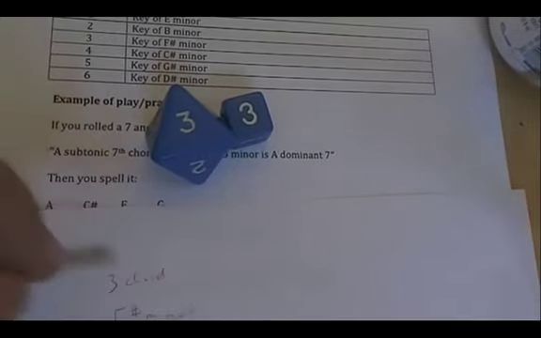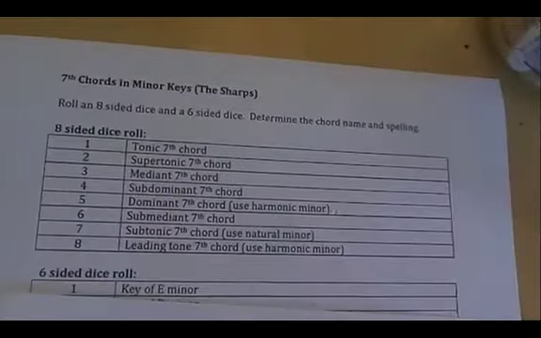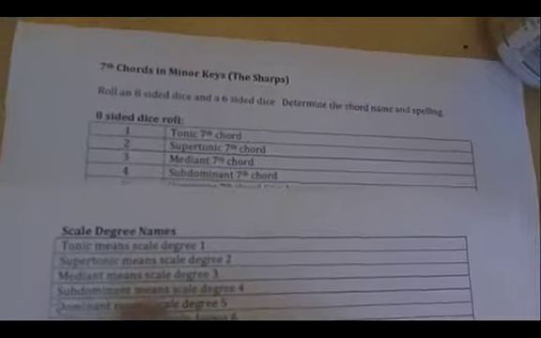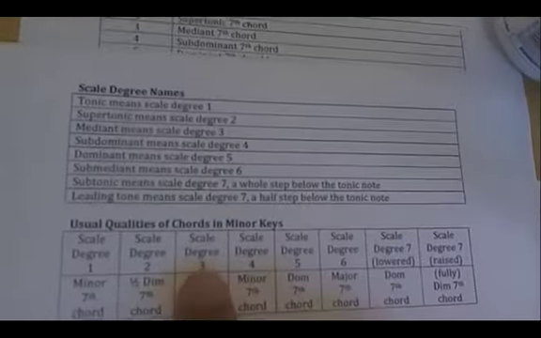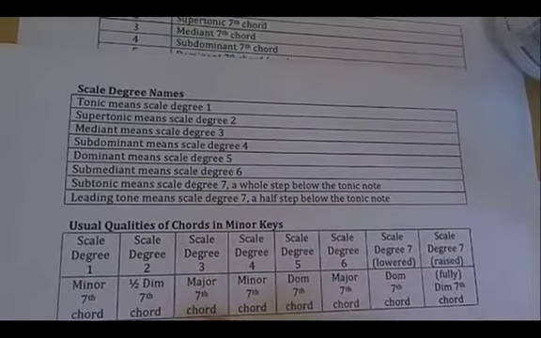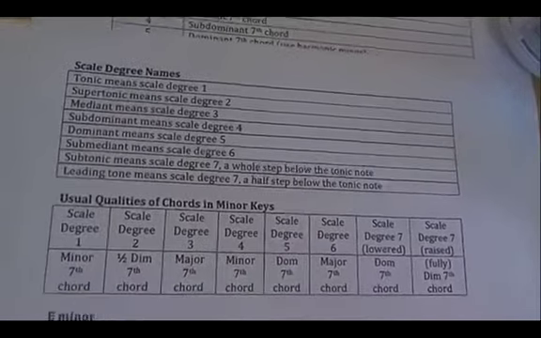Now, if you're not certain about all of those things, you refer to the other page and you say mediant means scale degree 3, and the 3rd scale degree is a major 7th chord, and I'm in the key of F sharp minor.